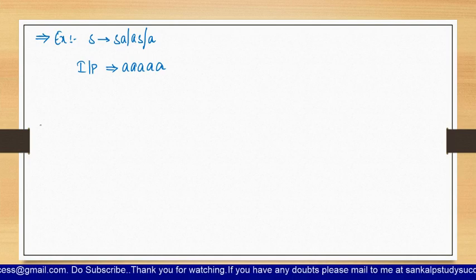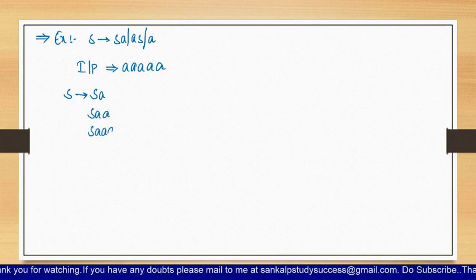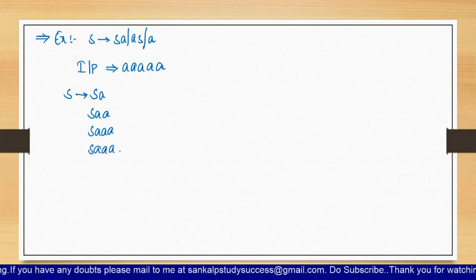Now let us derive this 5 A's. First, let me start with S tends to, either you can take SA or AS. Let me take SA first. Then in the place of S, again you need to substitute SA, giving SAA. Then again you have to substitute SA. As we are increasing the number of A's, till we get 5 A's, we are going to substitute again with SA.